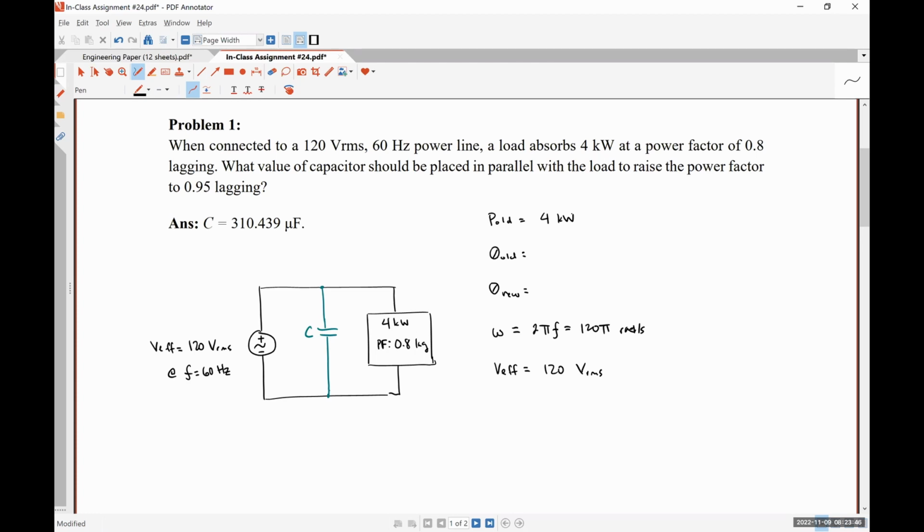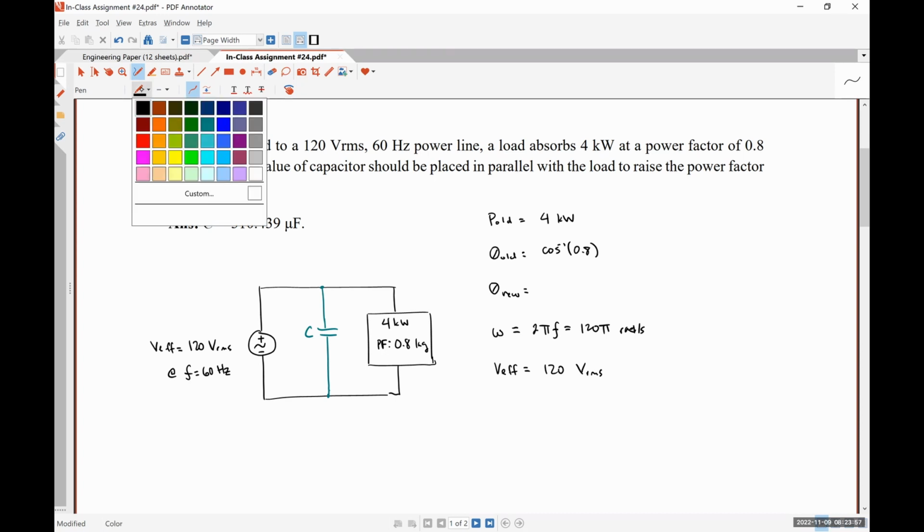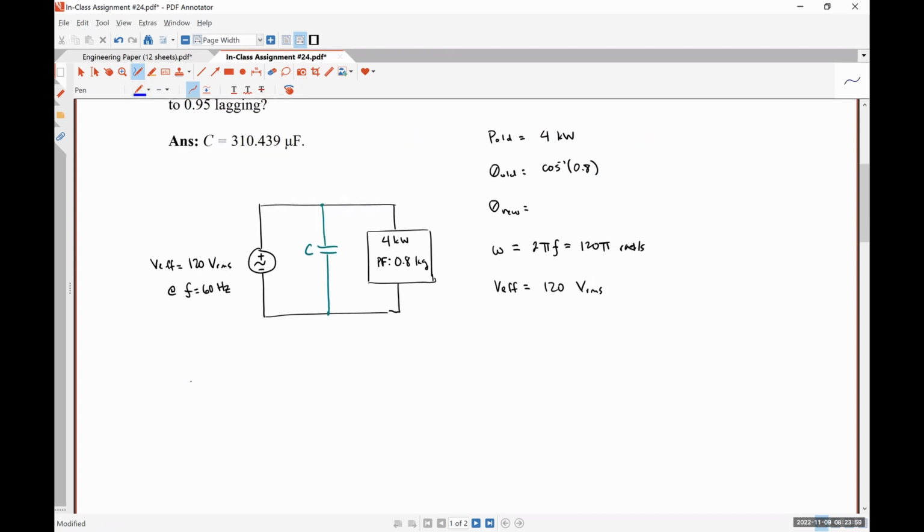So theta old should be the inverse cosine of 0.8. If we recall that power factor, by definition, is cosine of theta, we can figure out the angle if we know the power factor. So the inverse cosine of 0.8 is, I think, 36.87 degrees.